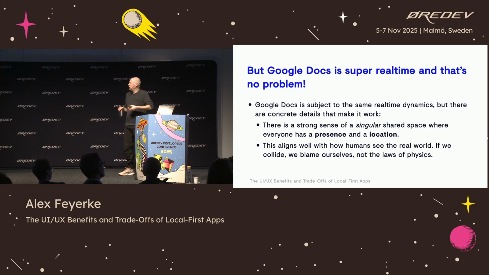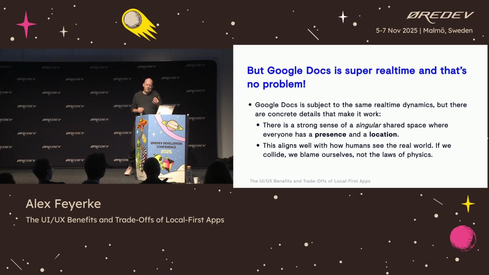So this aligns well with how humans see the real world. If we collide in the real world, we don't blame the laws of physics, right? We blame ourselves or each other. And in the same way, if we produce word salad by typing over each other in Google Docs, that's obviously our fault, right? The other cursor was right there. What was I thinking? That's one of the reasons why this works, because it maps to a real-world analog.